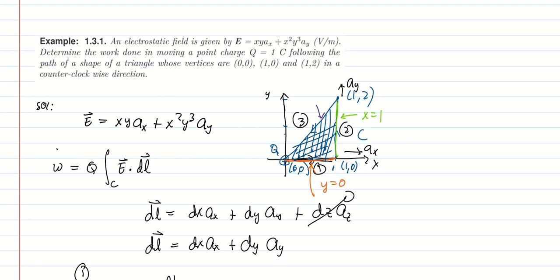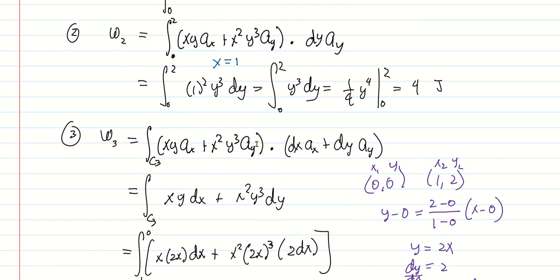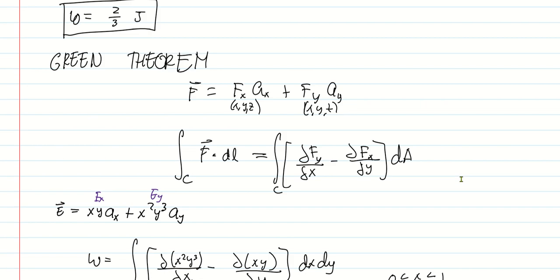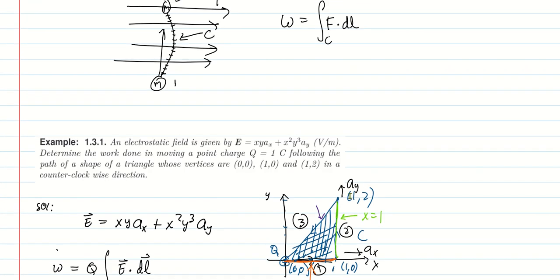For x, it should be from 0 to 1, and for y, it should be from 0 to 2x, because that's the boundary of this region. This equation is 2x.